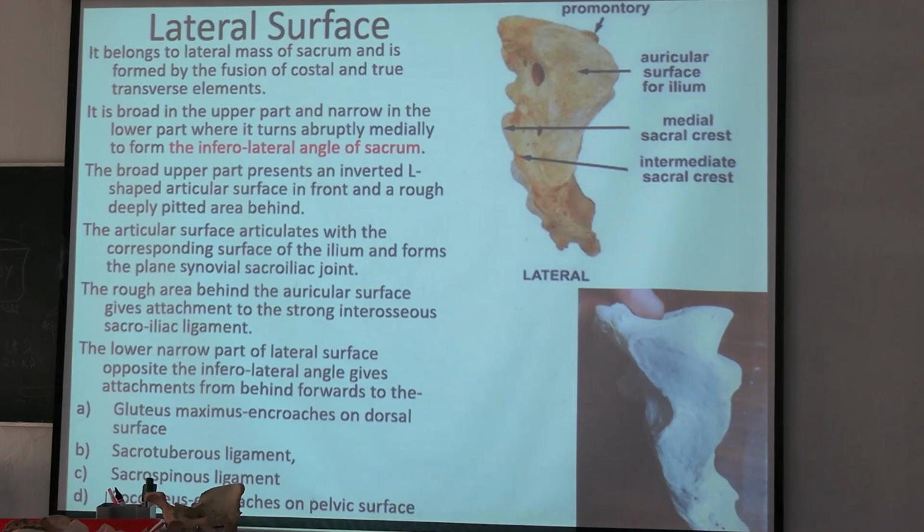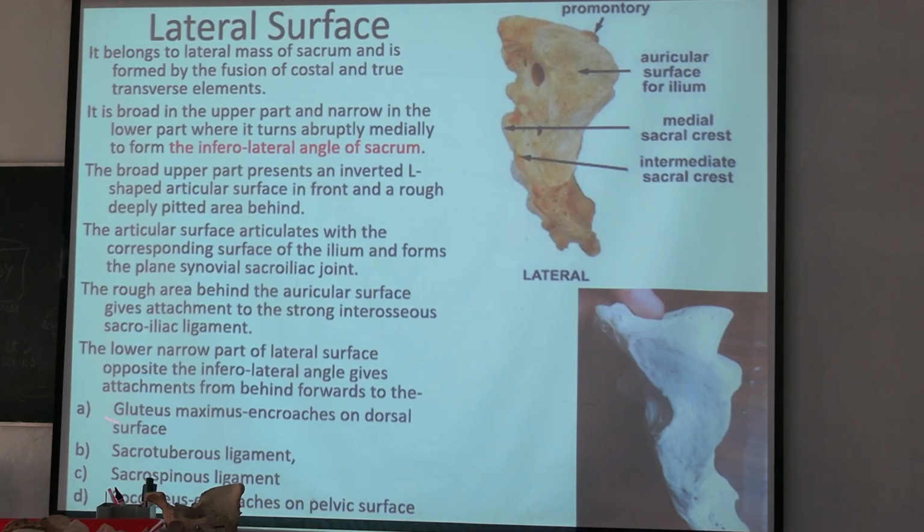This is rough area. The articular surface articulates with the corresponding surface of ilium and forms the plane synovial type of sacroiliac joint. Here it forms the sacroiliac joint. And the lower narrow part of lateral surface here, opposite the inferolateral angle, gives attachment from behind forward to these structures.